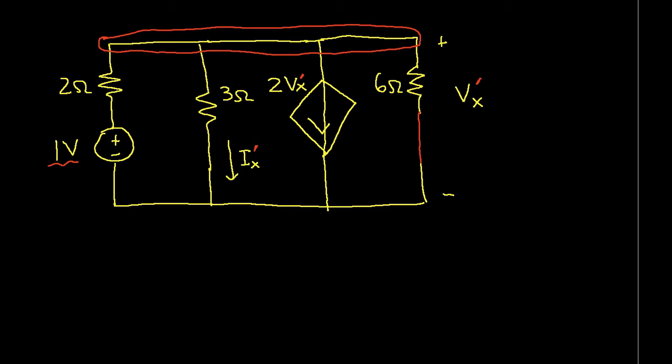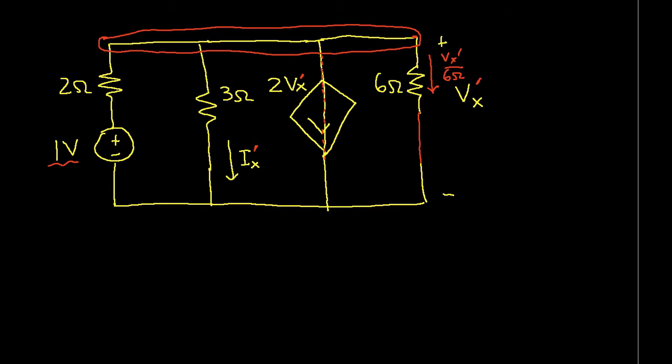So if we're applying Kirchhoff's current law, we can say that the current exiting the top node through the 6 ohm resistor would be Vx prime, that's the voltage from the top node to the bottom node, divided by 6 ohms. Okay, so that gives us one current. We know that the current going through the current source is 2 times Vx prime.